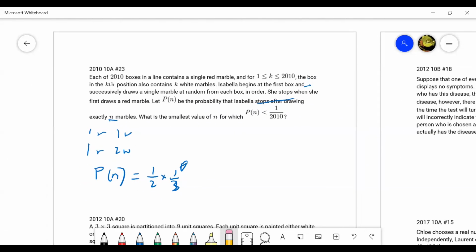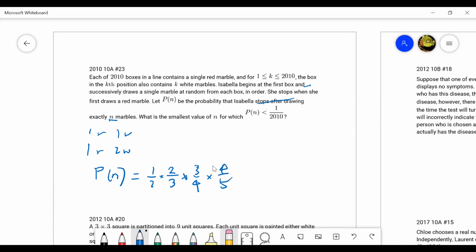It asks for the probability that the first red marble you get is from the nth box. So we need all the marbles from the other boxes before it to not be red. This happens with n minus 1 over n chance, or k minus 1 over k if we're not.